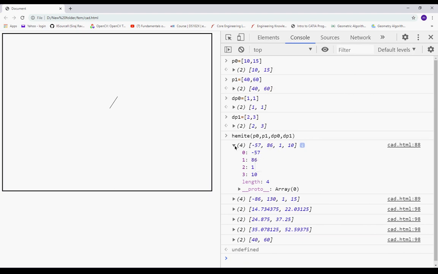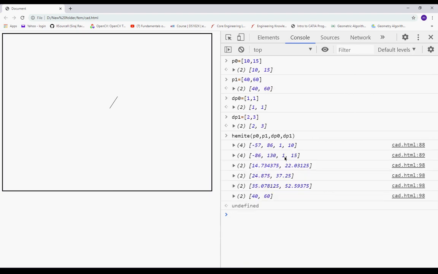Let me check whether these mx and my values are correct or not. 14.734, and then 22 point something, 24 point something and 35.